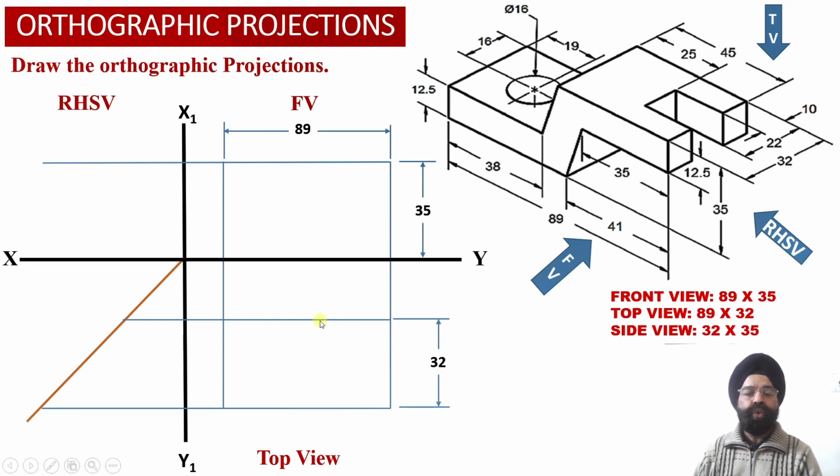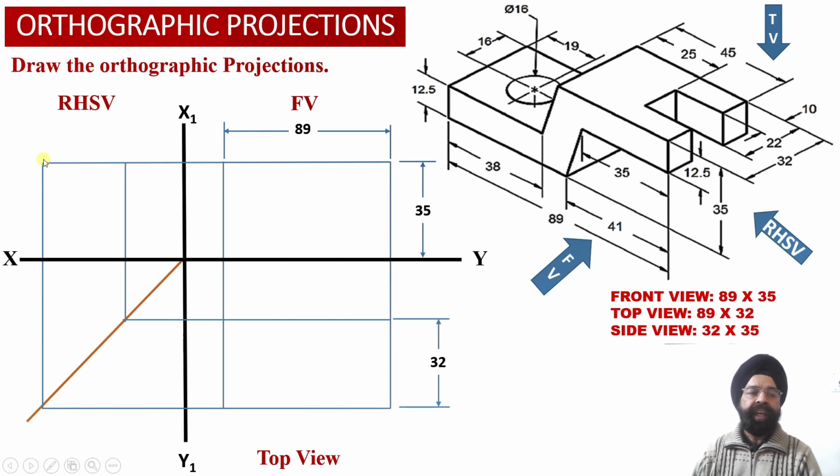And these two horizontal projector lines we have appropriately transferred into the right hand side view projection using this transfer line over here, such that we are able to obtain the depth of the solid equal to 32 millimeter into the right hand side view projections over here.